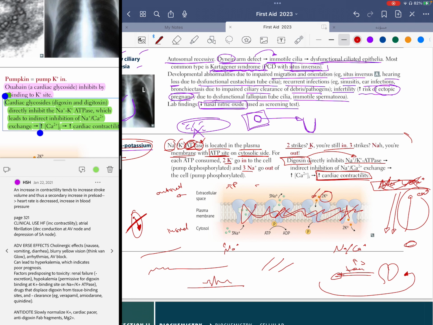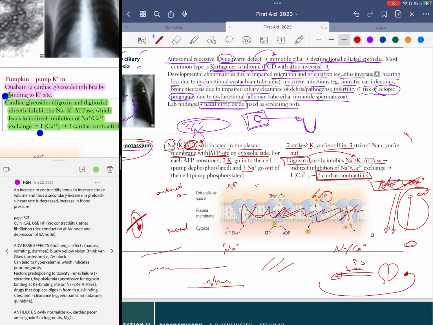Okay, clinical use: heart failure, increased contractility. We use digoxin in heart failure because we need to increase the contractility. We can also use it in atrial fibrillation to decrease the conduction at the AV node and depress the SA node. So there are two scenarios where we use digoxin.